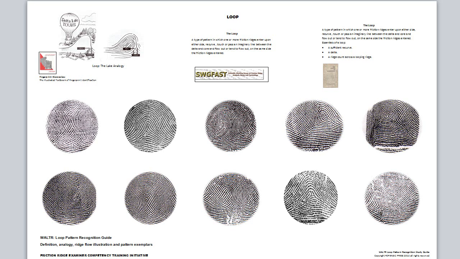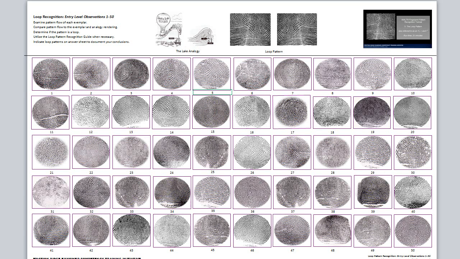Before we move forward with the last pattern, of course, we have the exercises to complete, and you can examine your loop pattern recognition guide that has the analogies, definitions, and exemplars. And then you'll move forward to taking the array of patterns and determining which ones are loops.